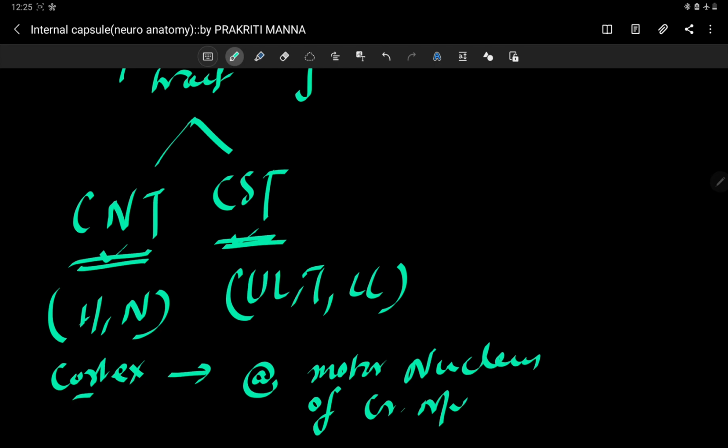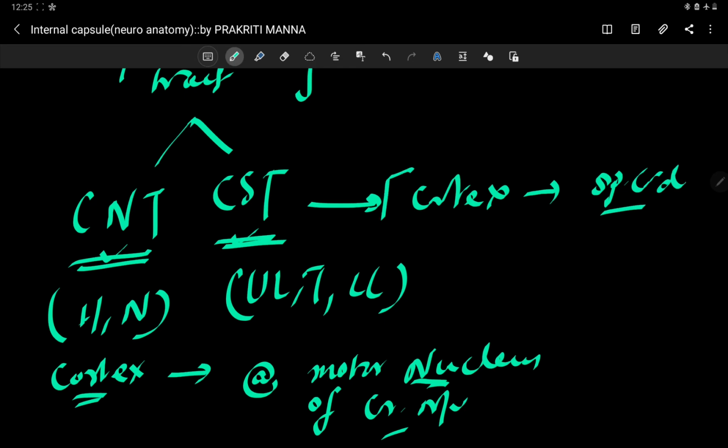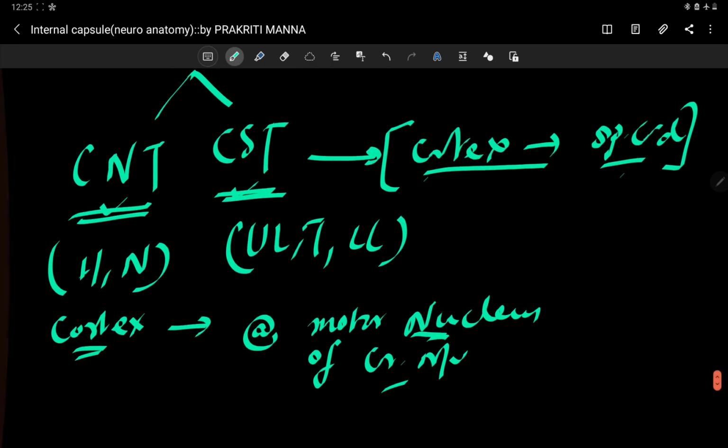That's why these fibers are called corticonuclear fibers. And these fibers also originate from your cortex and terminate at the spinal cord level. That's why these fibers are called corticospinal fibers, cortex to spinal cord. These fibers are corticonuclear because they go from cortex to the motor nucleus of the cranial nerve.